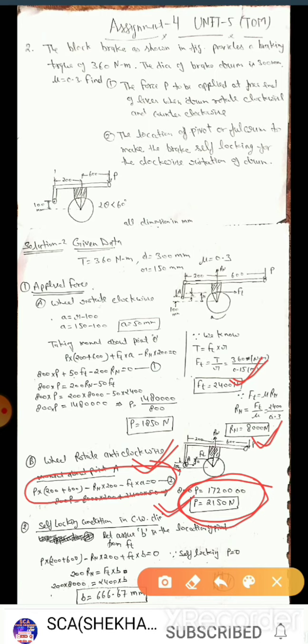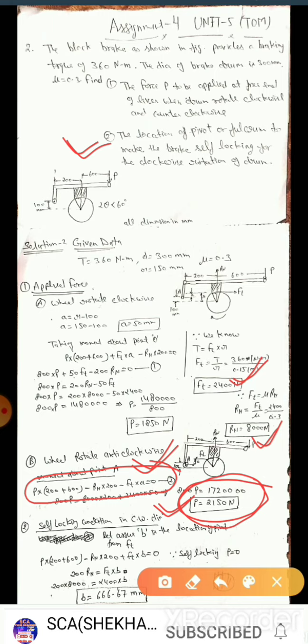Okay. Now we find the second determination, the location of the pivot or fulcrum to make the brake self-locking for the clockwise rotation of the drum.